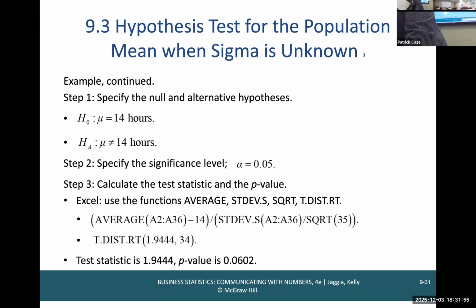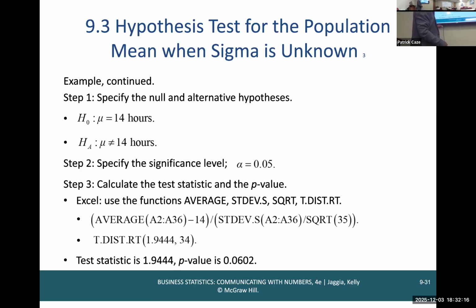I just wanna make sure I give you the right thing here. Yeah, 2.032. 0.02, two tail. Okay, so this is two tail, so 2.032.